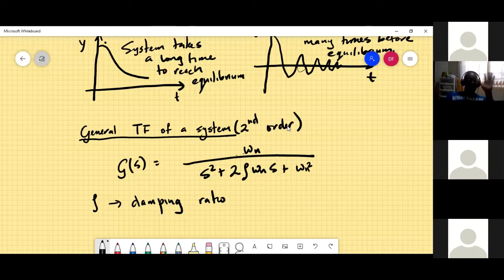The damping ratio of the child on the swing in air would be low, whereas if the child was in condensed milk on a swing, the damping ratio would be high.